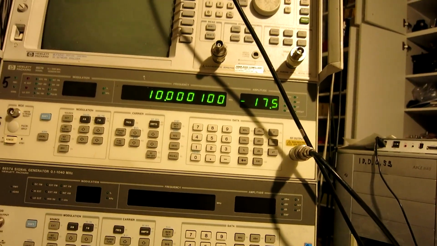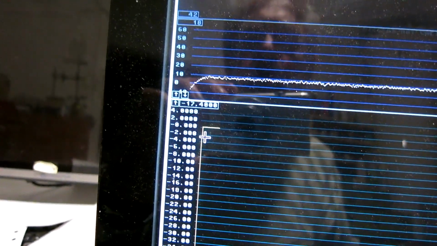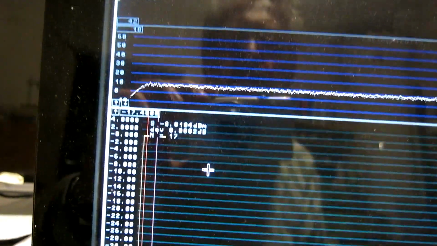It's 100 hertz up. And it comes here. So the signal from the local oscillator is here, and it shows about 0. And I calibrated it a couple of days ago and haven't touched anything since then. So things are pretty stable.